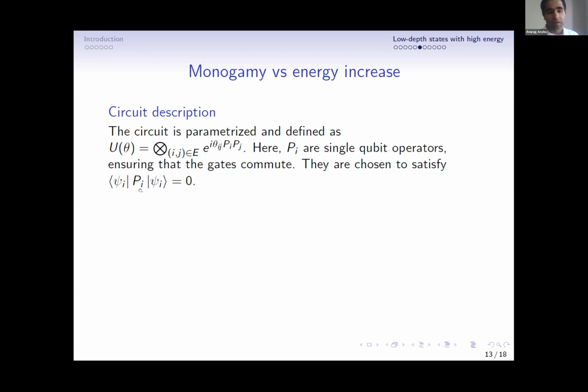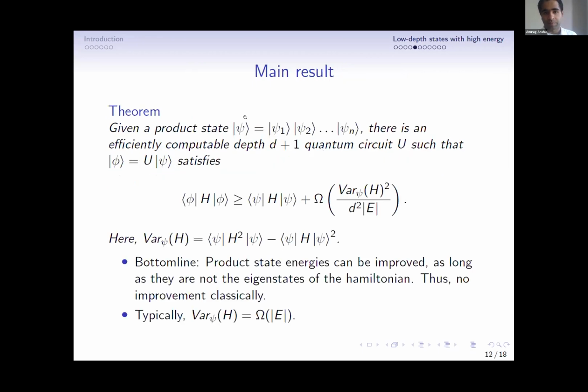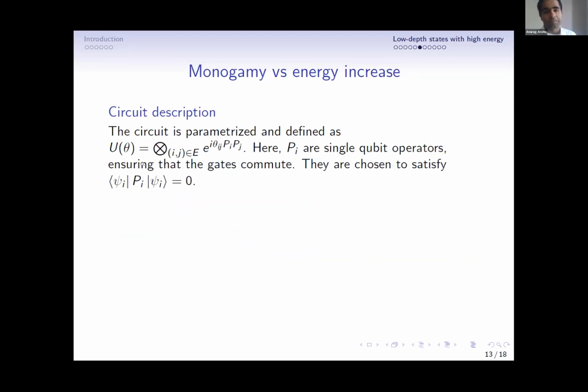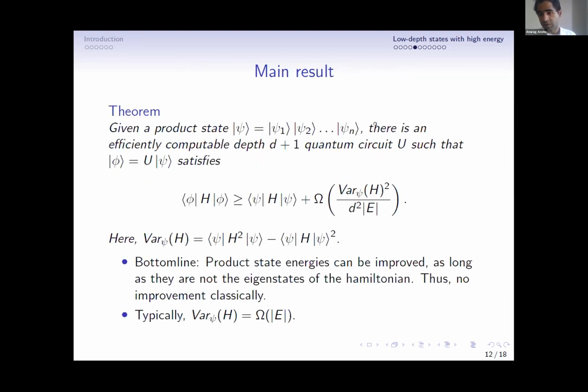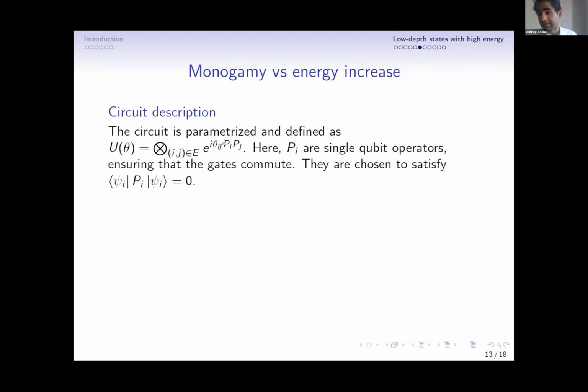If we start with a product state psi, we choose P_i to have 0 expectation with respect to psi. For example, if psi was 0, 0, 0, 0, 0, P_i could be Pauli X, since Pauli X on 0 gives me 0 expectation. I'll soon motivate why we do that.